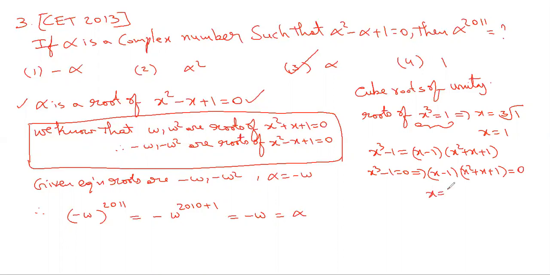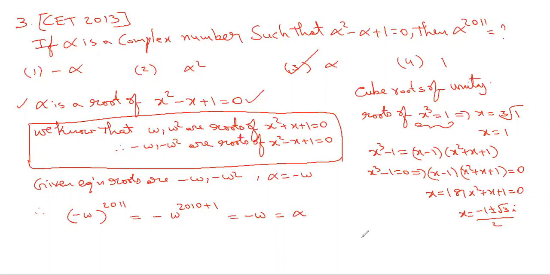So x is equal to 1 or x square plus x plus 1 equal to 0. So x square plus x plus 1 equal to 0, if you use the quadratic formula, you get x is equal to minus 1 plus minus root 3i by 2. You know what is root 3i? You get root of minus 3, that can be written as root 3i.